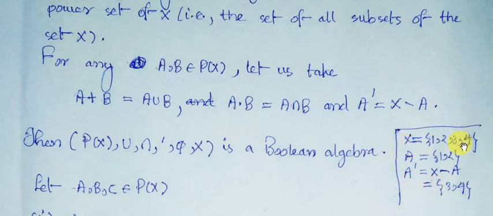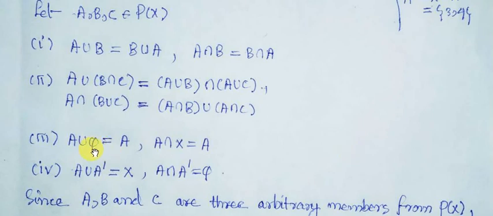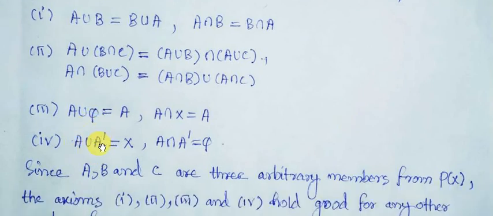If X is the collection of these four natural numbers 1, 2, 3 and 4, and if A is the set {1, 2}, then A complement will be X difference A. That means the collection of all elements which are not in A, which is equal to the remaining elements 3 and 4. Okay. So if we union these two sets, that means A union A complement, the whole universal set will be returned.